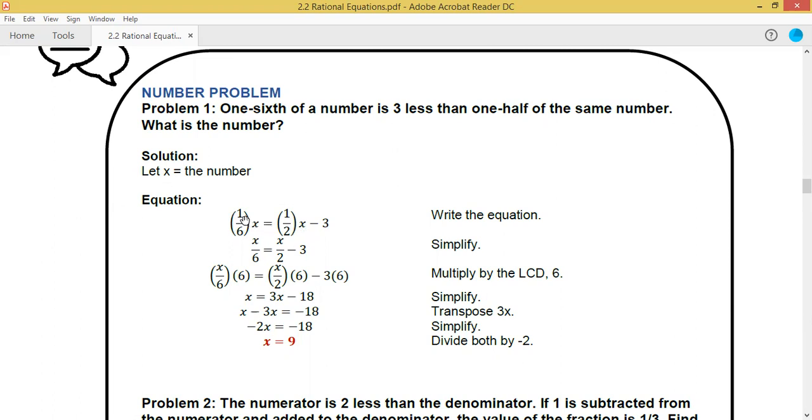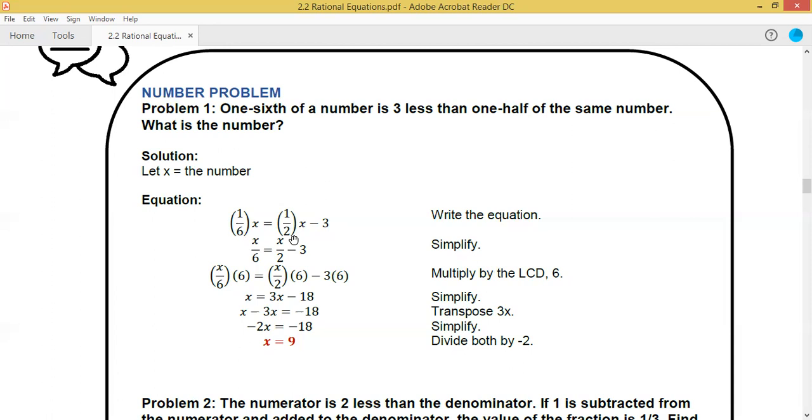This time, let's simplify. X times 1 divided by 6 is x over 6 equals x times 1, that's x, divided by 2, x over 2 minus 3. Since we have this one, we need to identify the LCD.